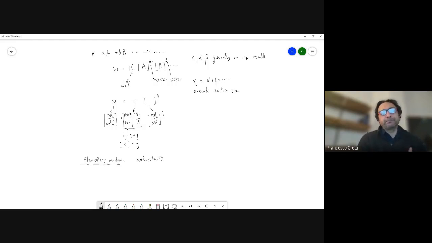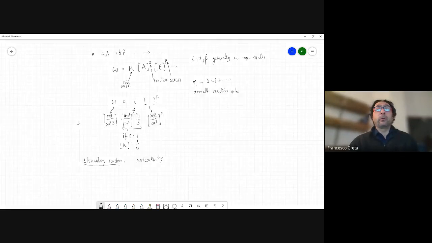I may eventually show you what you can do computationally. It's a fluid dynamics program, but it calculates the rate of reactions of a complex chemical system, and it evaluates all the concentrations instant by instant. So it integrates the equations that we're going to build, by the way, very soon.